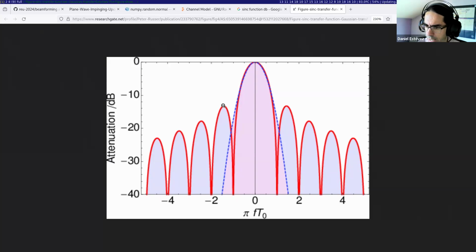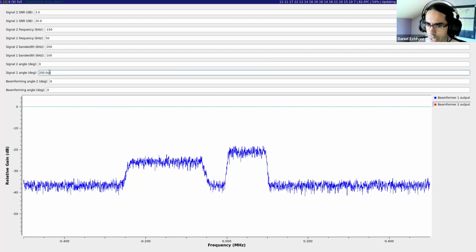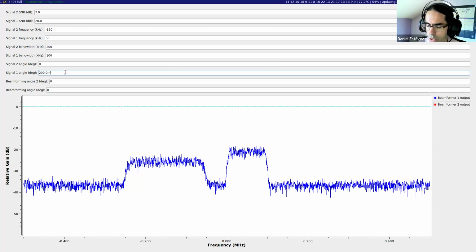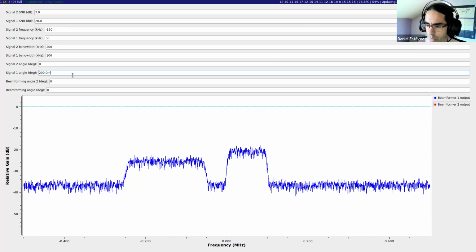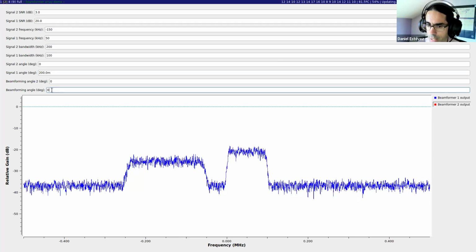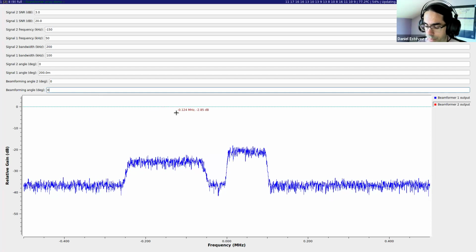Then it comes back again, and this is minus 13 dBs. And there are all these things which are called side lobes. But the most important thing to remember here is that the maximum amplitude is achieved only when the direction of the source, or the angle of the source, matches what the beamformer is synthesizing.